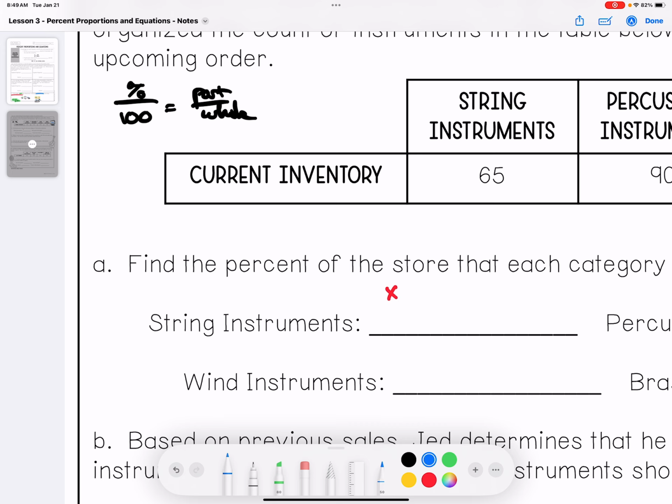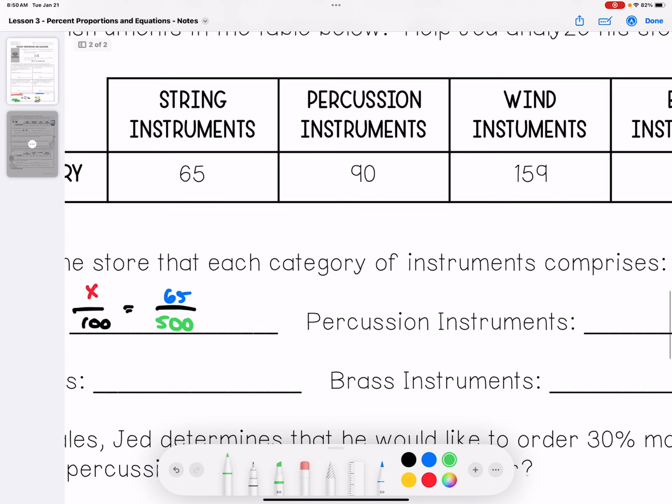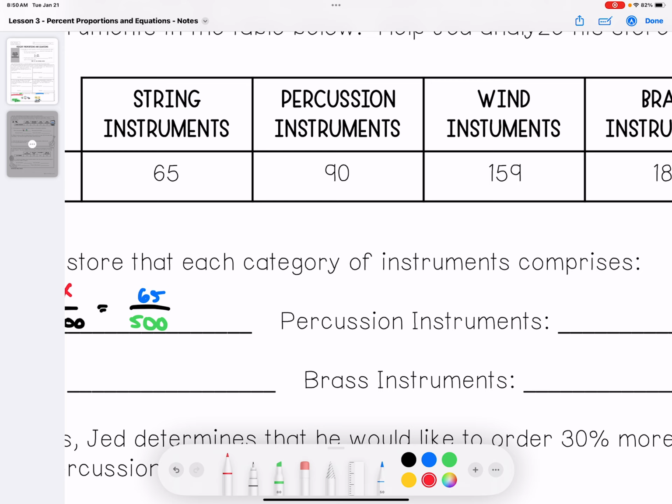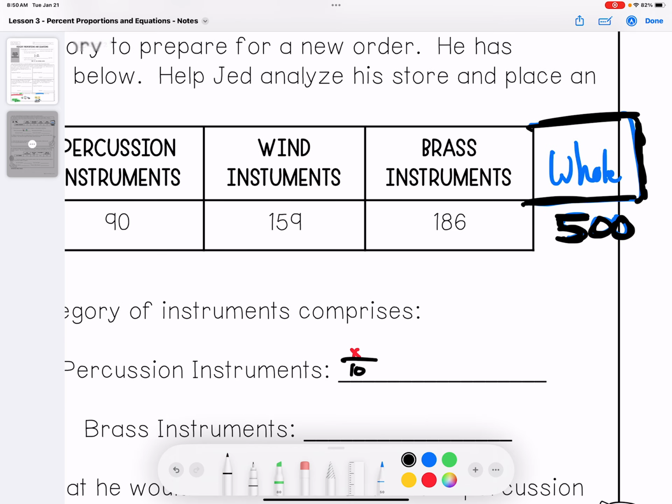The part is how many instruments we have, over the total, which was 500. Same thing for percussion. We're looking for the percent. The part is 90, the whole is 500.